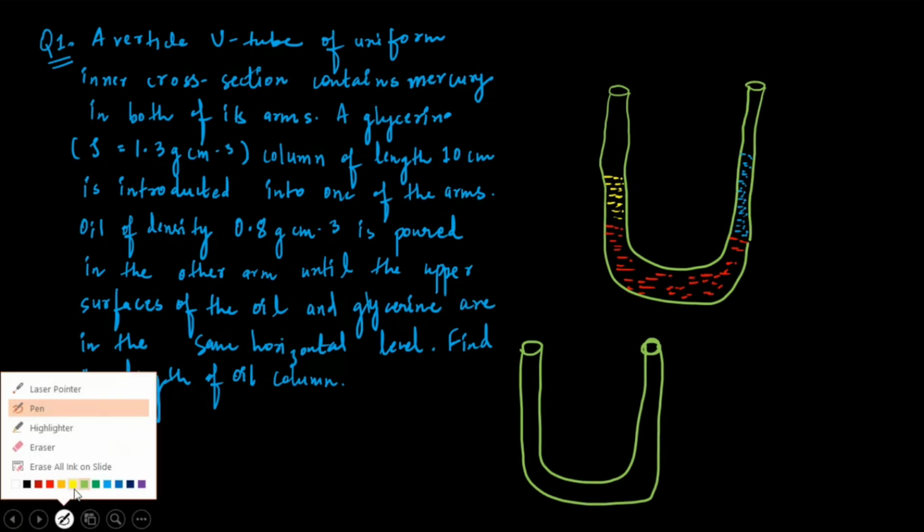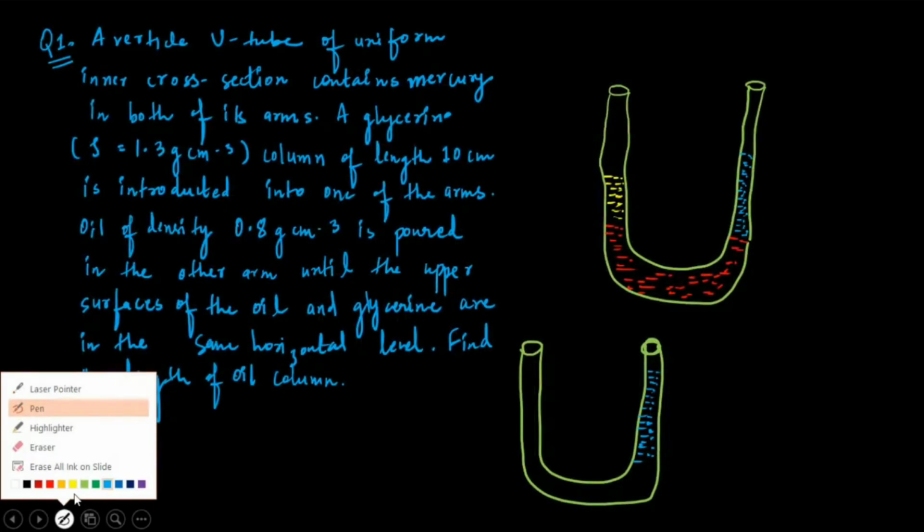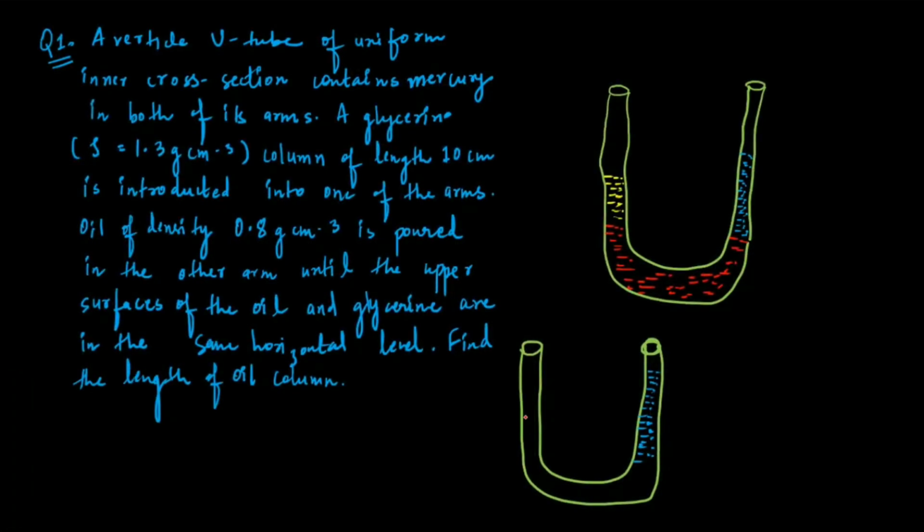I'm assuming that I have poured glycerin till here. So what will happen is the mercury has to rise upward. We can assume that mercury on one end rises till this level.